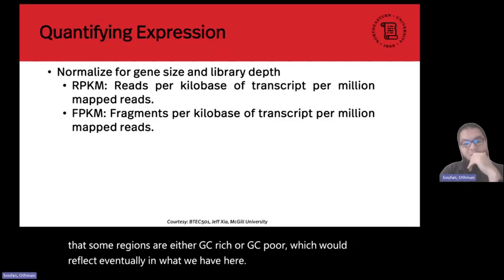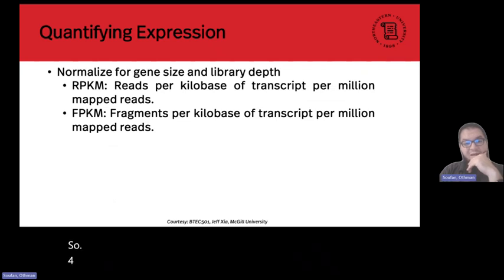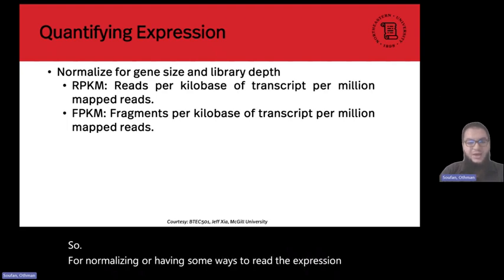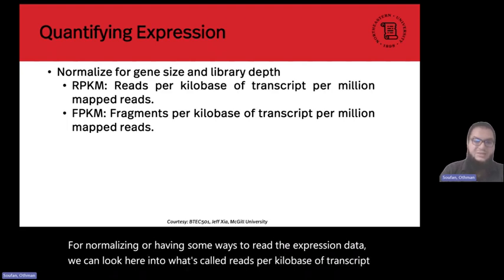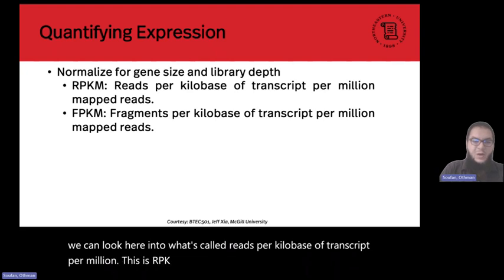So for normalizing, or having some way to read the expression data, we can look into what's called reads per kilobase of transcript per million. This is RPKM or FPKM.